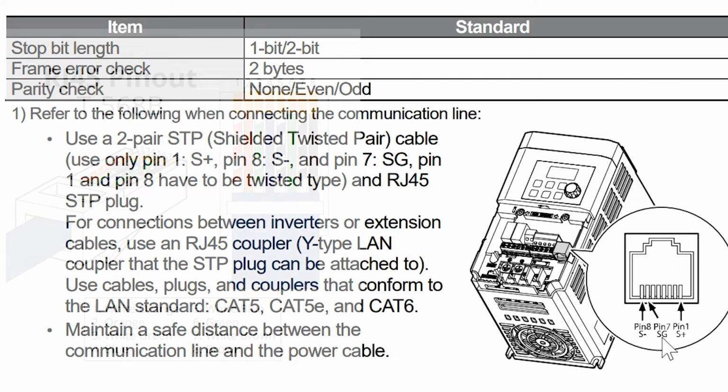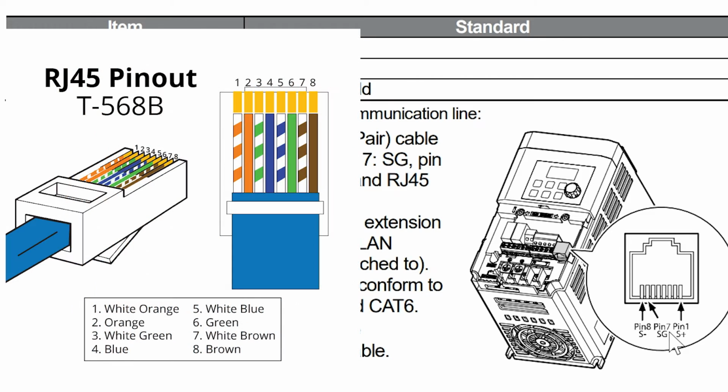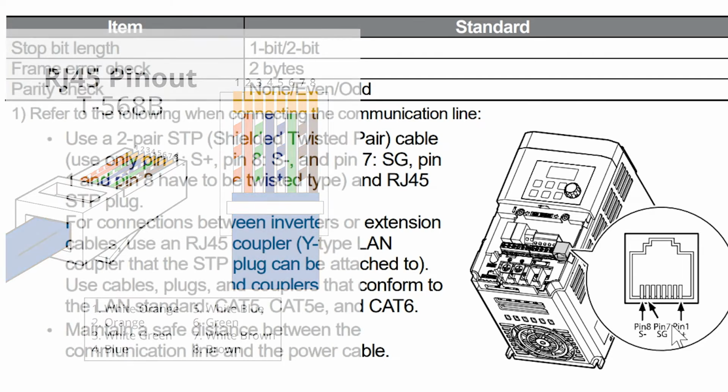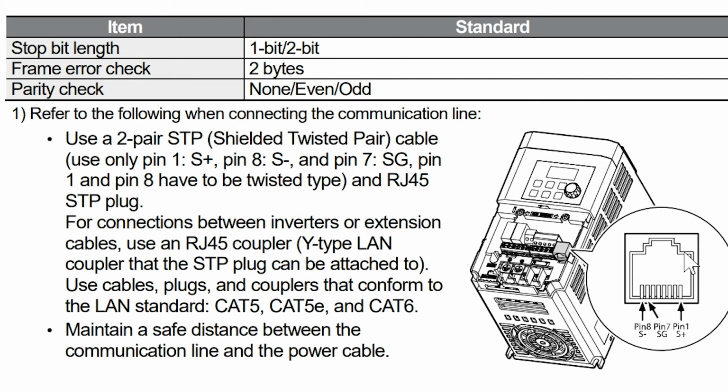And if we compare this to a T568B pinout, you can see that our pin 1 should be orange and white, our signal negative on pin 8 should be brown, and our signal ground is going to be brown and white. So that's how I've crimped up my RJ45 connector.